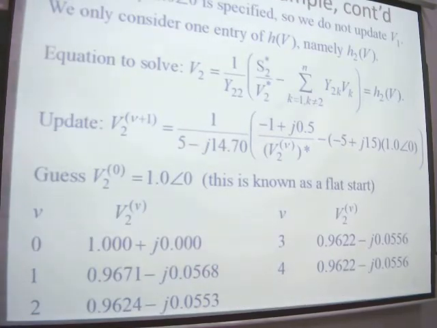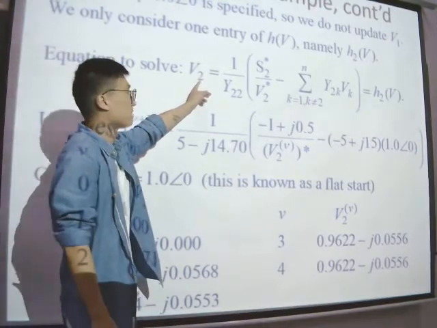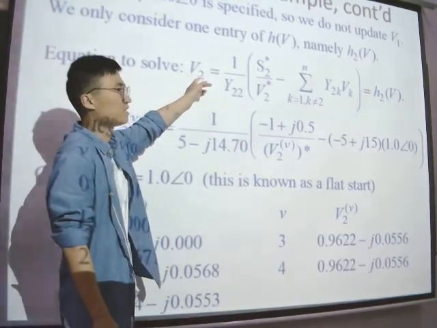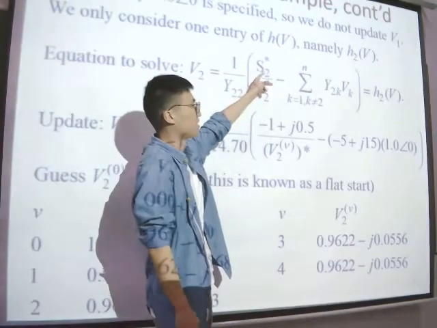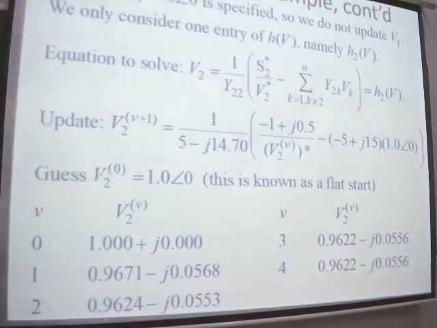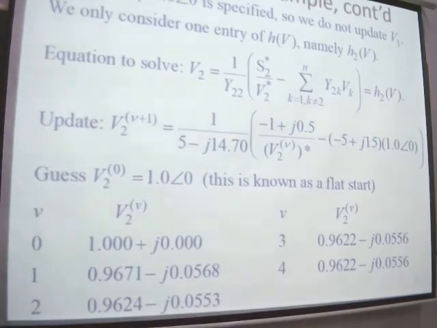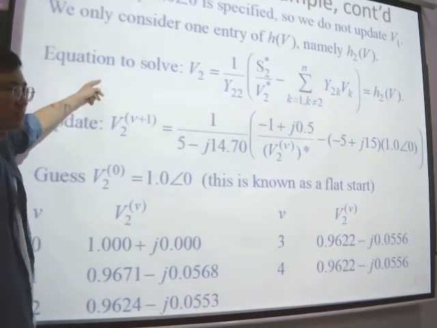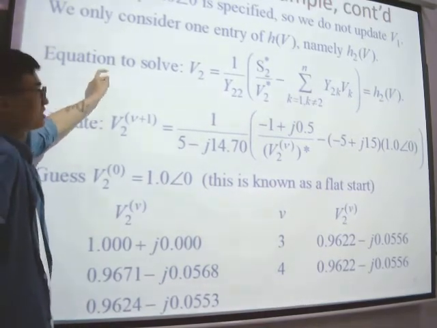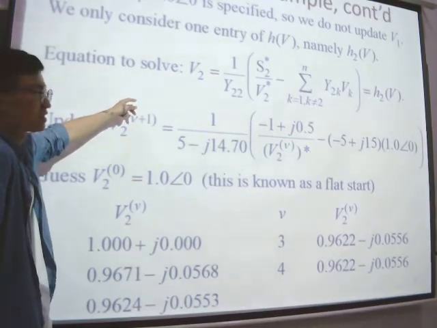Then we have the expression of the voltage magnitude by this complex power. So this is the target equation, the equation we need to use in the iteration method.